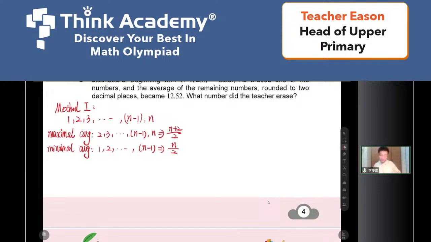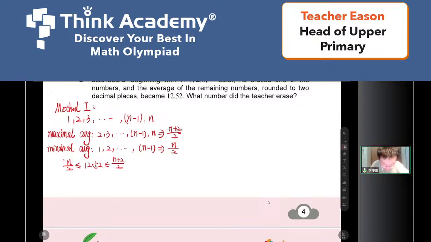Right? Then from here, as we get the maximum and the minimum of the average, the actual average must be between the maximum and the minimum. So the minimum must be no greater than the actual one, and the maximum should be no smaller than the actual one. And then we can get the range of this n.